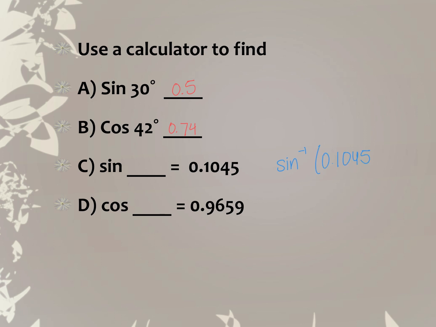Inverse sine of 0.1045. And then for C, your cosine, you're doing the same thing. Inverse cosine of 0.9659. So when you're plugging in the inverse, you click second sine, 0.1045. And rounding to the nearest whole, you're going to get 6 degrees. And then for cosine, again using the inverse, 0.9659, that's going to give you 15 degrees.